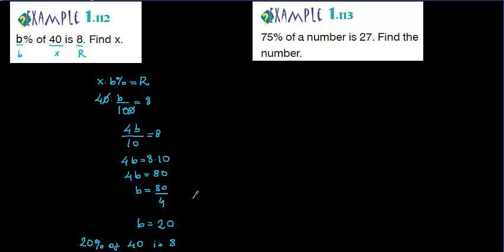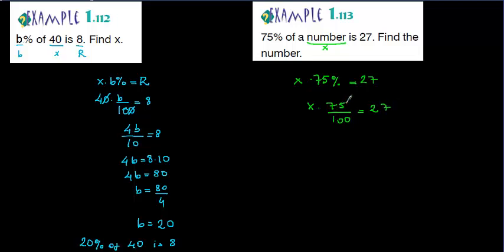Okay, the next question: 75% of a number is 27. If it says a number, it means that this number is x for us. So 75% times x, or x times 75%, is equal to 27, which means x times 75 over 100 is equal to 27.